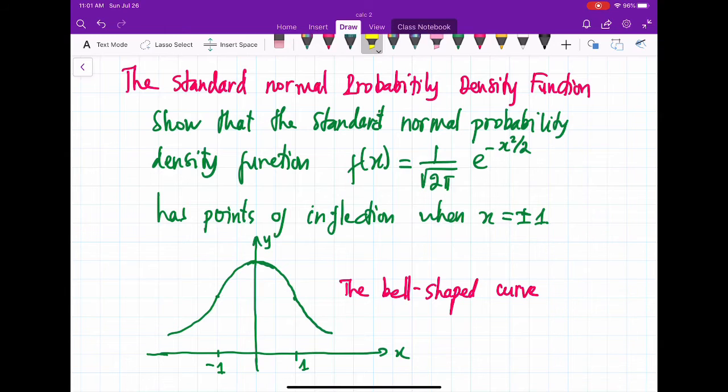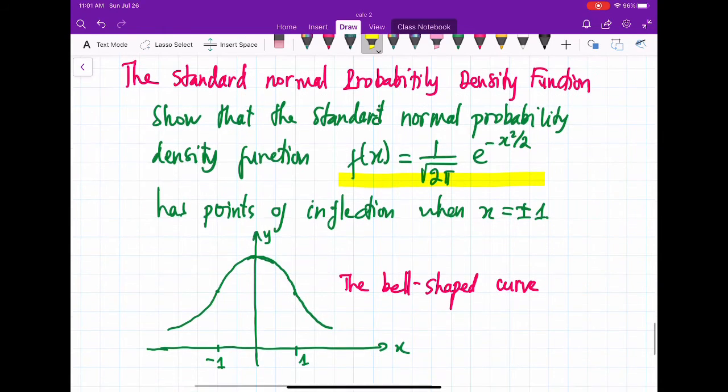And this function f of x equal to 1 over square root of 2 pi e to the negative x squared over 2 is the standard normal probability density function, and the graph of such function looks like this. Looks like a bell. Sometimes this is called the bell-shaped curve.